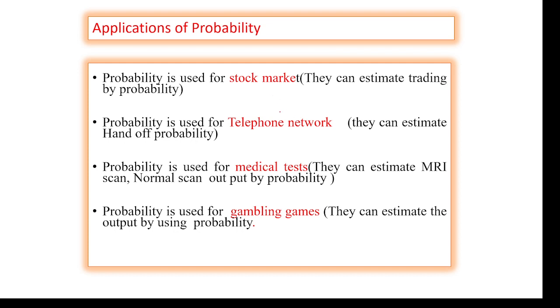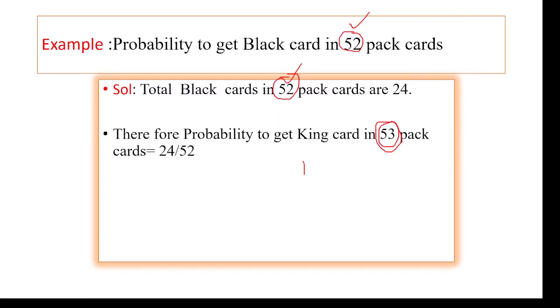Like that we can calculate using probability everywhere. Medical tests, gambling games, mainly gambling games, depend on probability only. By using this we can estimate and calculate the probability.